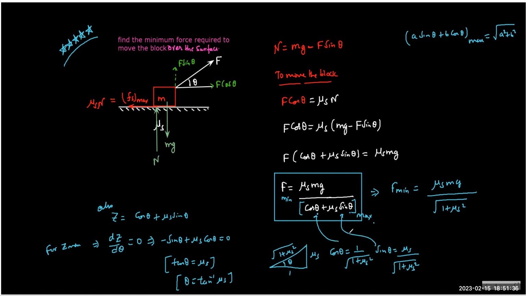If you want to do it by differentiation, you will get F minimum, and cos theta is 1 upon root of 1 plus mu s square, and mu s into sin theta. I hope you can realize this will turn out to be this answer.